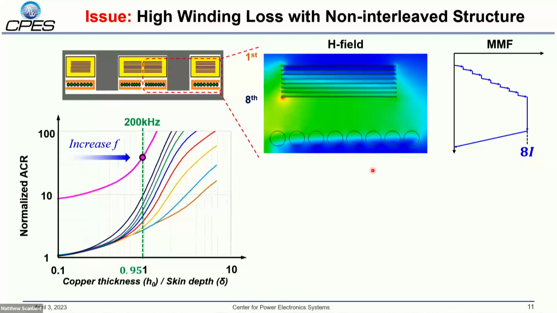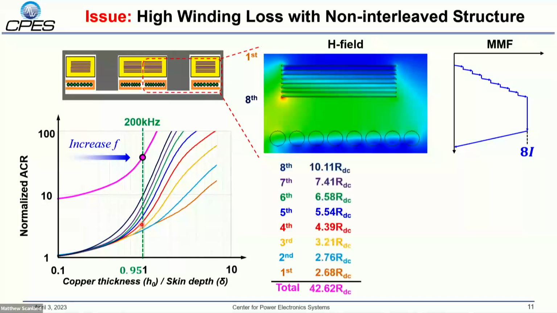And if we look at the normalized AC winding resistance per layer, we will see that from the first layer to the 8th layer, the AC resistance increases. If we look at the winding resistance per layer, the first layer is around just 0.68 times the DC resistance.